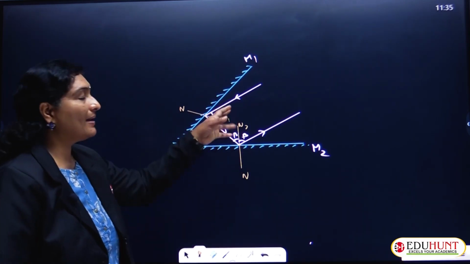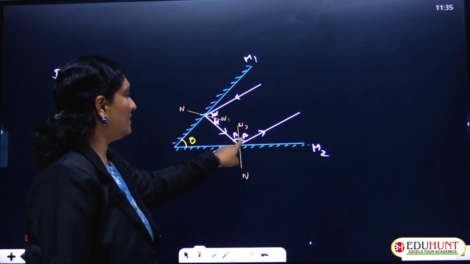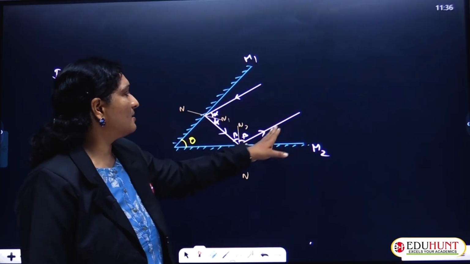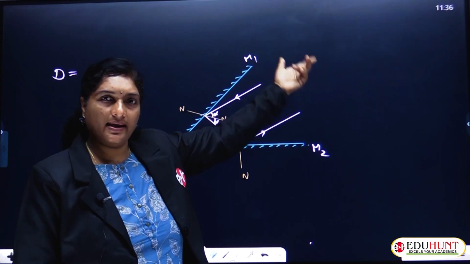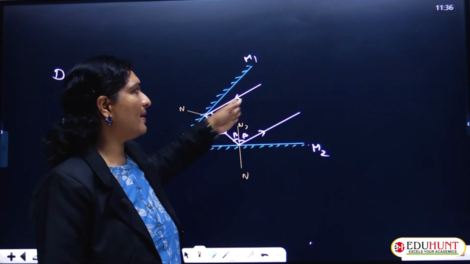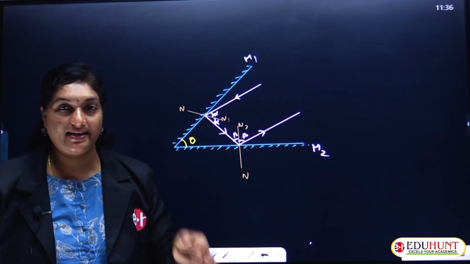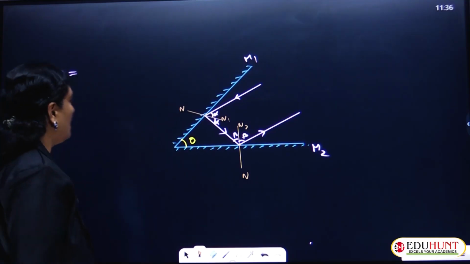In this example I have only gone with two reflections, reflection 1 and reflection 2. But if it happens to be a larger mirror, the same thing can occur on another part, and again it might be re-reflected. So multiple reflections can take place. Let us suppose that n number of reflections are observed.